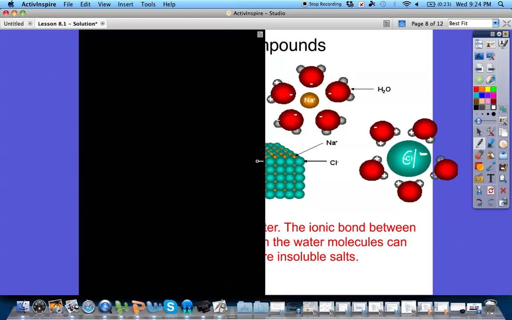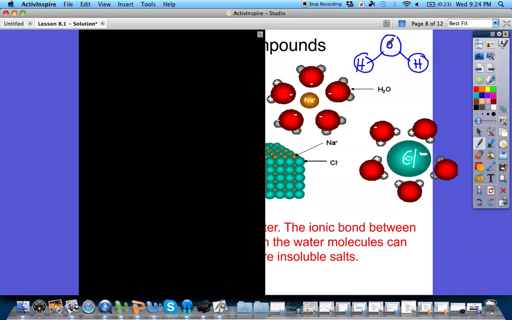Now water, there is a positive and a negative end to water. So we have our water molecule, we have the oxygen bonded to two hydrogen, and if we think back to our covalent bonding unit, when we talked about Lewis structures, we determined the polarity of some of our different compounds.